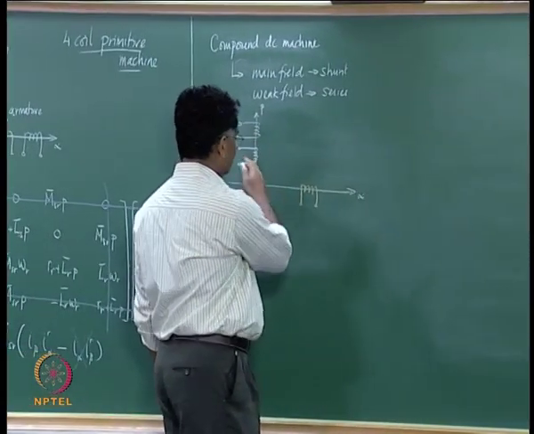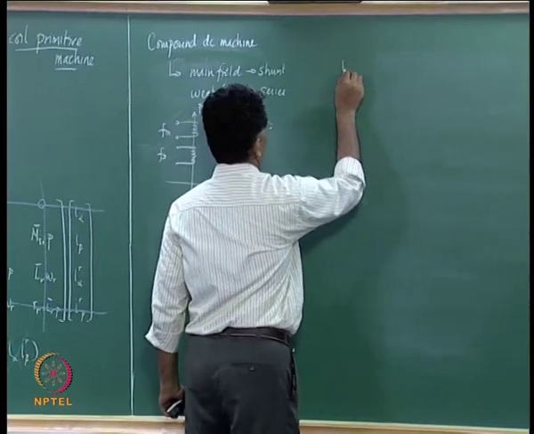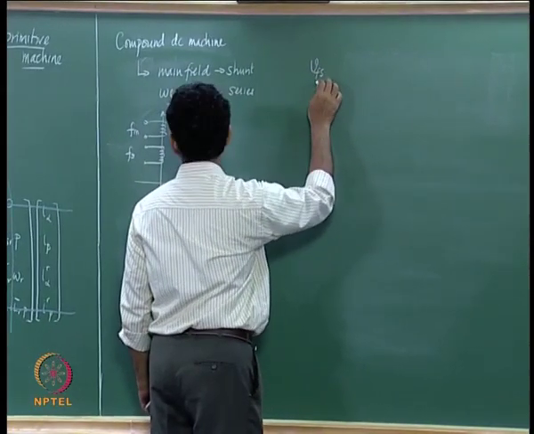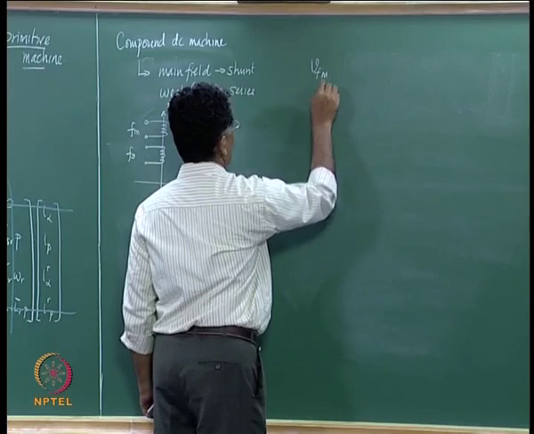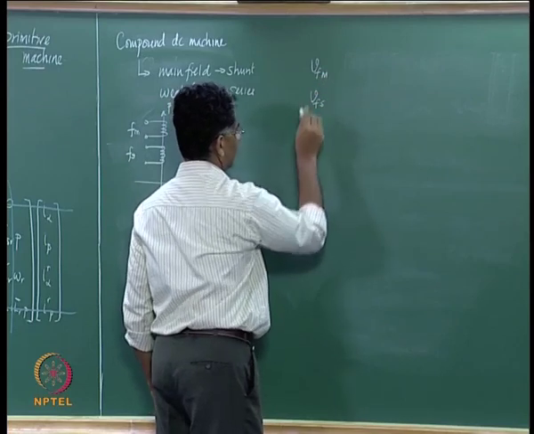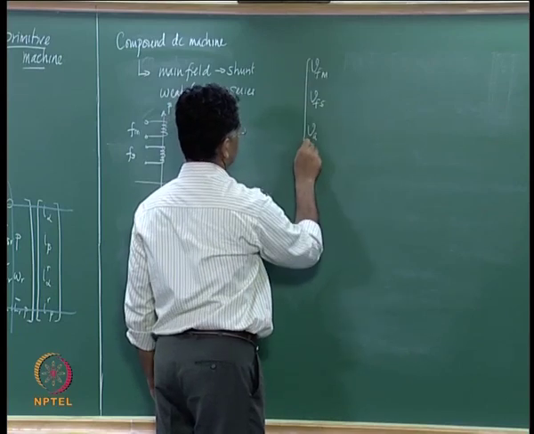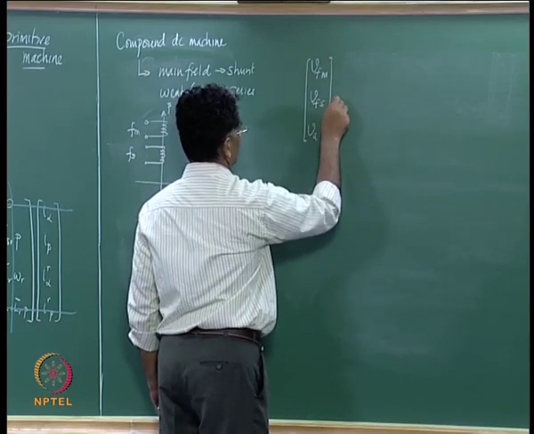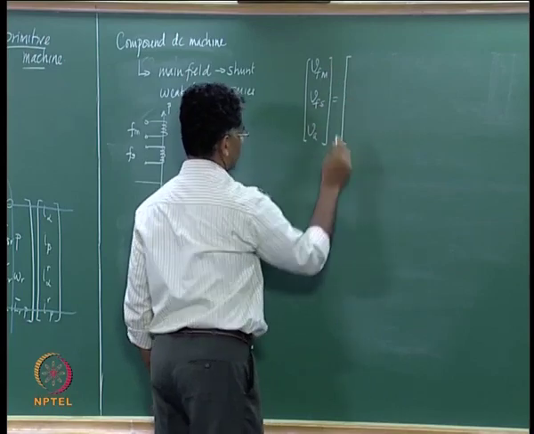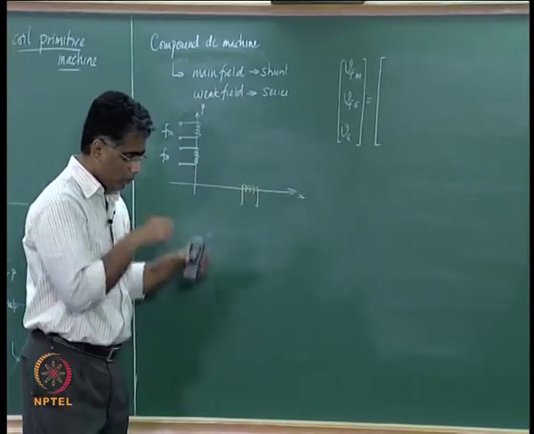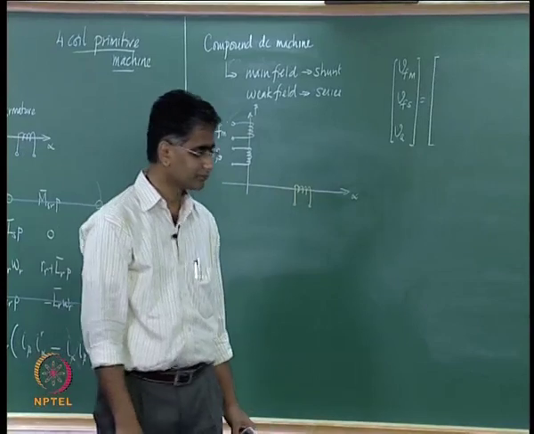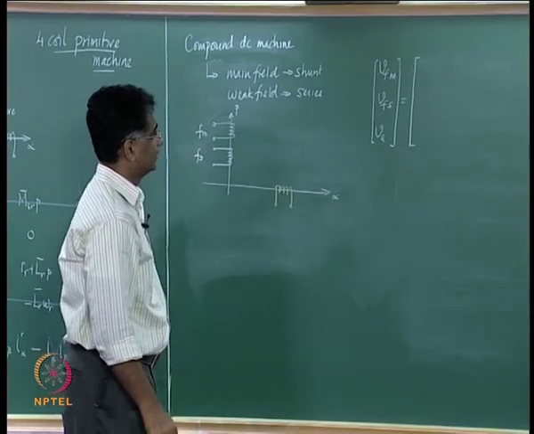Now, there are these three coils. So, we have VFS, VF main, V field series and then V armature. These are three voltages that you would be applying to these three coils.